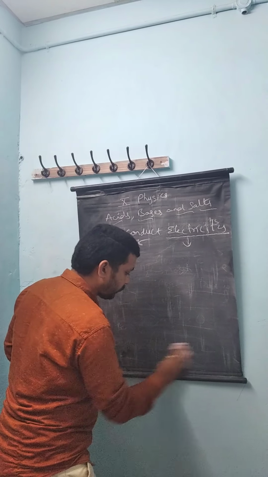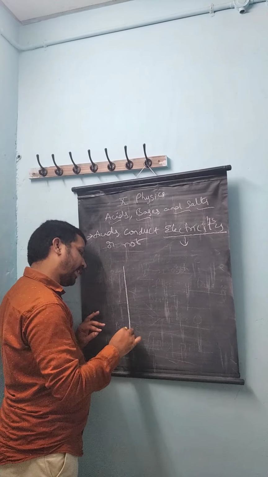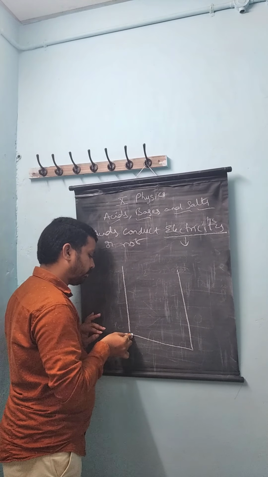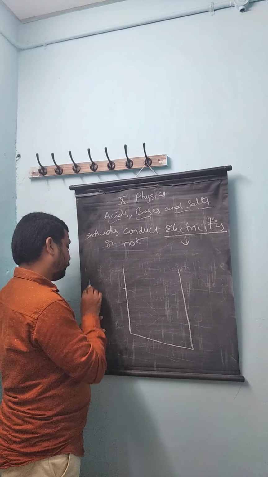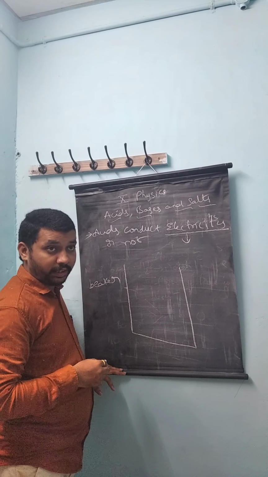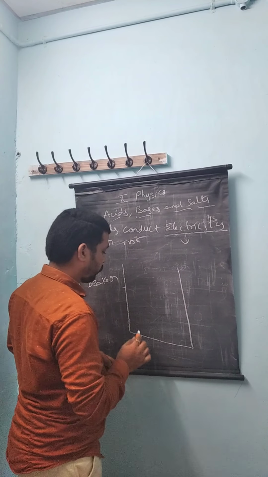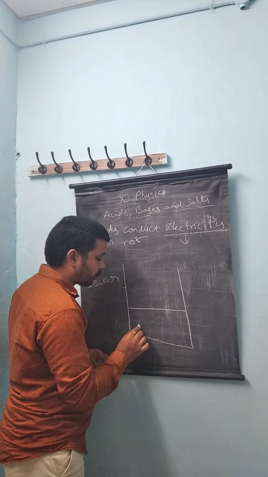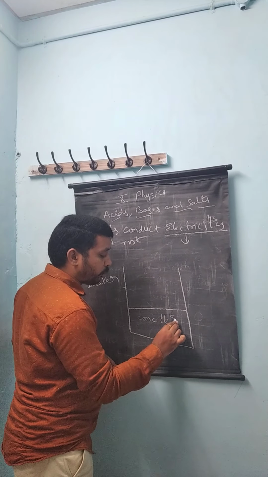Now, let us consider a beaker having a capacity of 100 ml. Pour some amount of concentrated sulfuric acid.